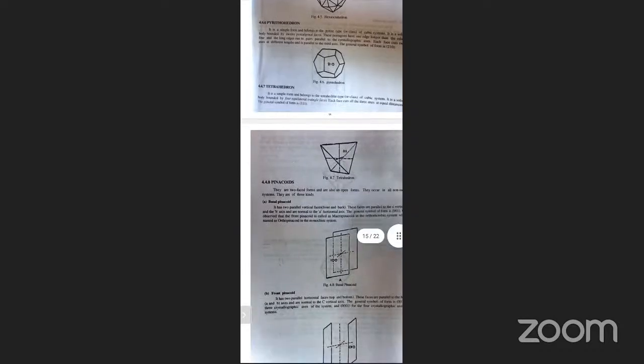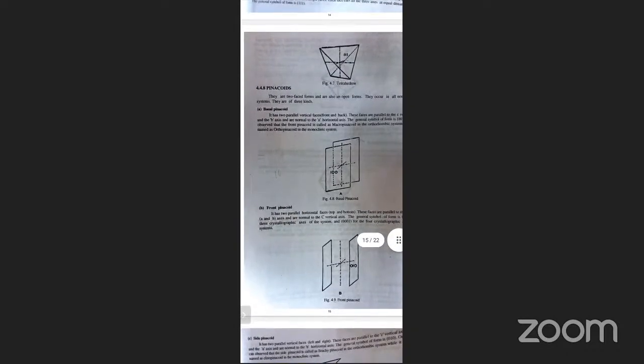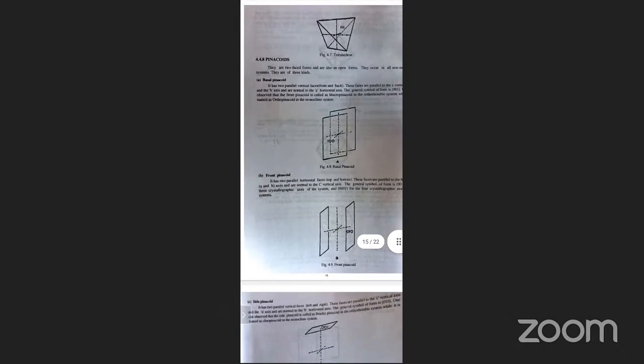So as per that, we see again some basic forms. One is the basal pinacoid. In the basal pinacoid, it has 2 parallel faces.